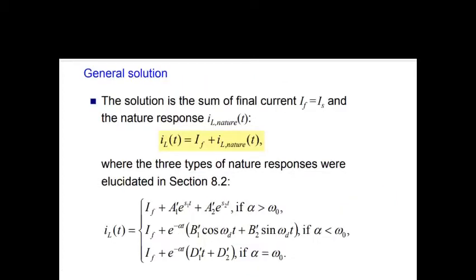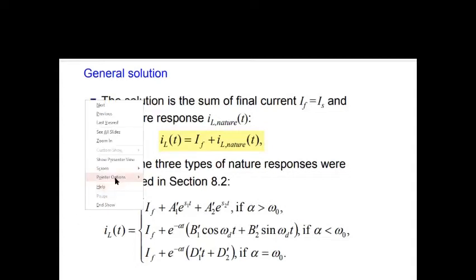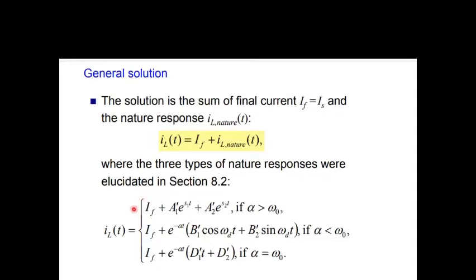In terms of the general solution, this is the response which has the natural and also the steady state or forced response. So you will have a very similar format for the responses, but there will be an additional I force or I steady state.